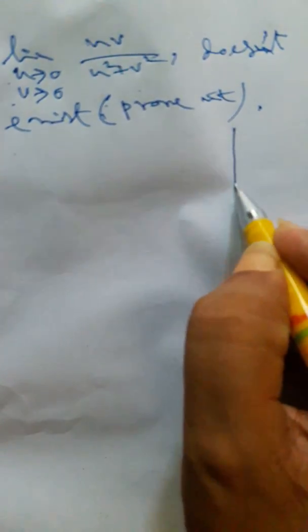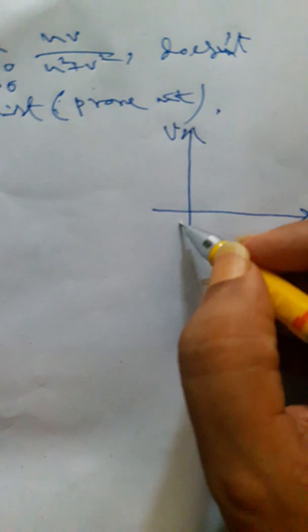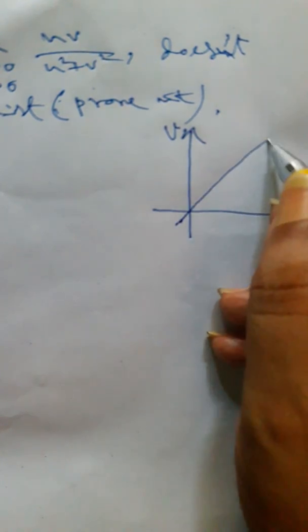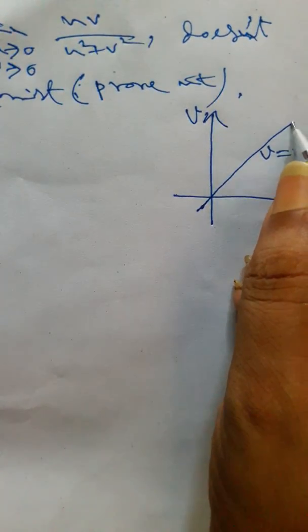How to prove? If we observe it, we have a clear-cut method. Consider the function uv by (u square plus v square). If we draw axes, here u and here v, and take another straight line, suppose v equals mu, this is a straight line.